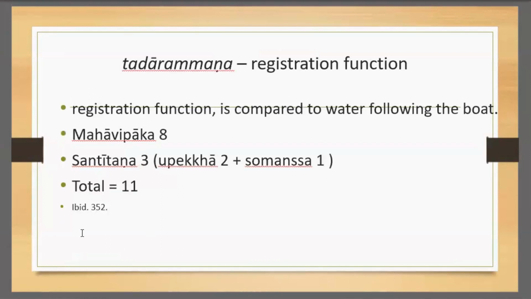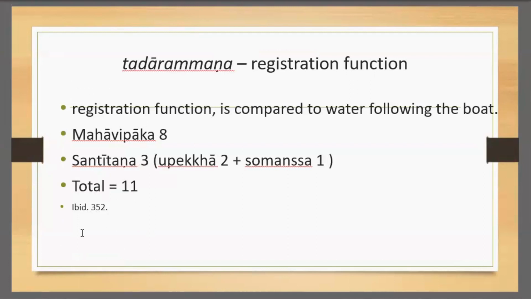Then Tadarammana. How many Tadarammana Chittas? There are 11 Tadarammana Chittas. We call it the registration function. I think you can remember it's compared with the water flowing behind the boat. There are Mahavipaka 8 and Santirana 3.